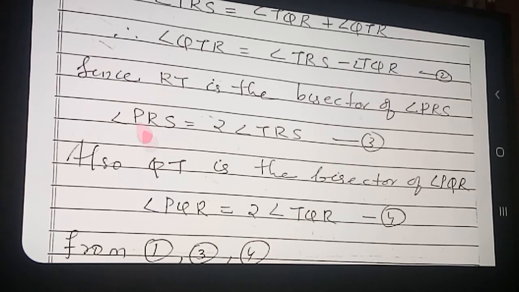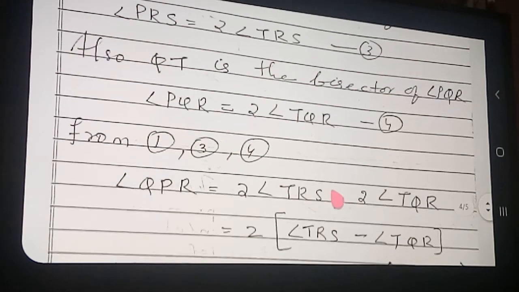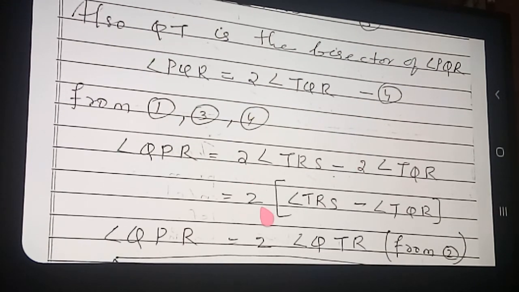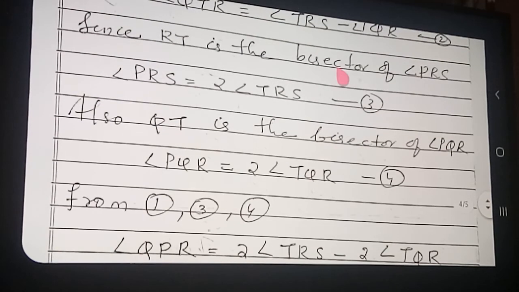Now, in equation number 1, in the place of PRS we will put this value, and in the place of PQR we will put this value. Okay? See. Then you take 2 common outside. Then the value of angle TRS minus angle TQR you will get from which equation? Equation number 2.